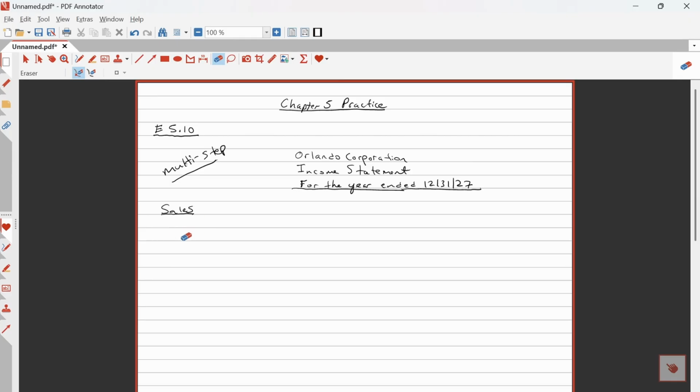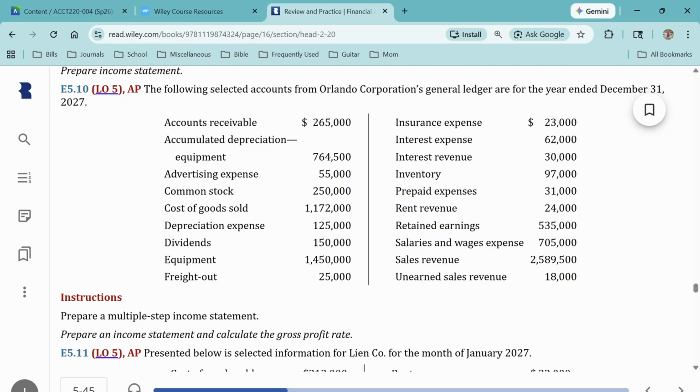Now, if the company just has sales revenue, like in this example, if you look at the list of accounts from the general ledger and their balances, I see two different revenues. Unearned sales revenue is not a revenue, right? It's a liability. That's not a revenue. There's only two revenues in this list, sales revenue and rent revenue.